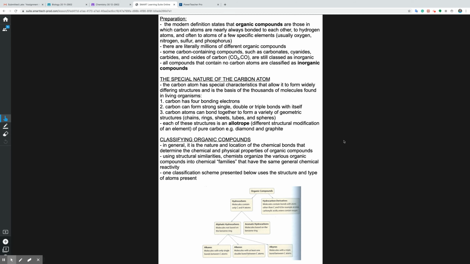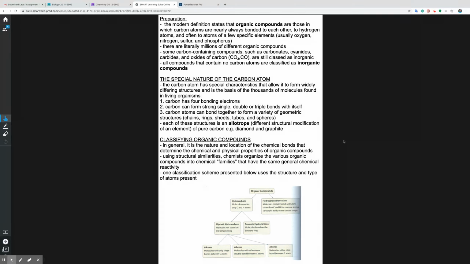Carbon atoms can bond together to form a variety of geometric structures, so they can be put together in chains, rings, sheets, tubes, spheres. Each of these structures is an allotrope, which means it is a different structural modification of an element, here pure carbon. So like diamond and graphite, both made of carbon, but the way they're put together changes what they look like overall.